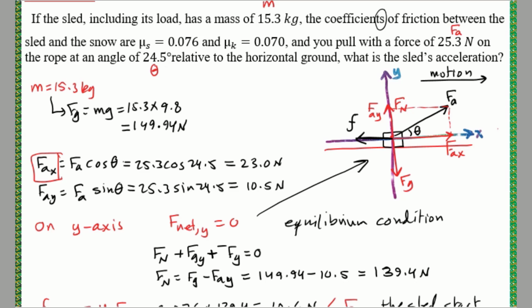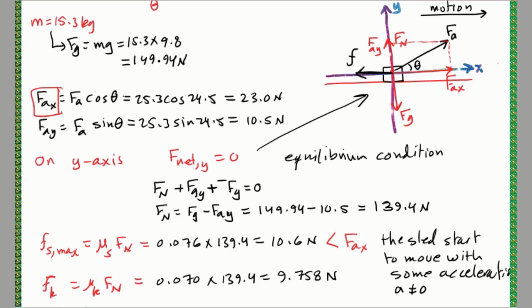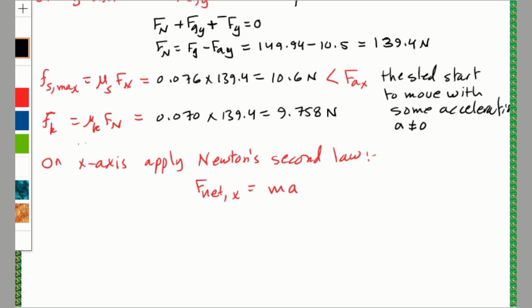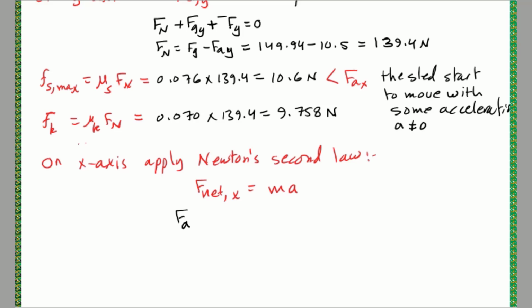And since we are applying Newton's second law, we will use the kinetic friction, not the static friction, because we are now certain that the object will be in motion. So we will use the kinetic frictional force: Fax to the right and Fk to the left. So put here Fax minus Fk equals m times a.